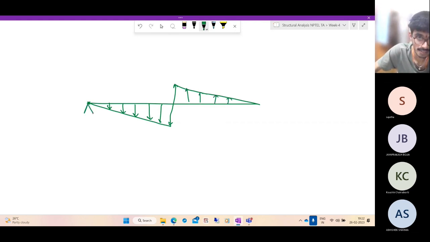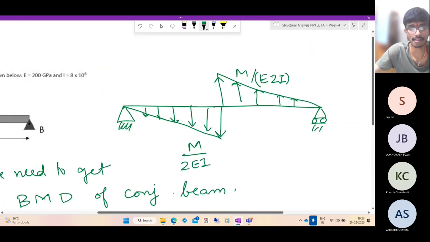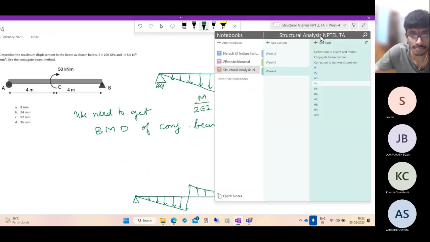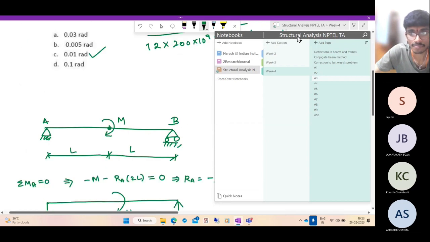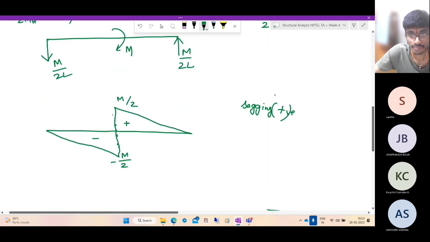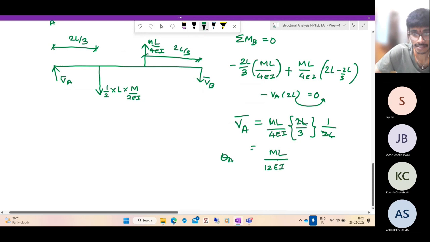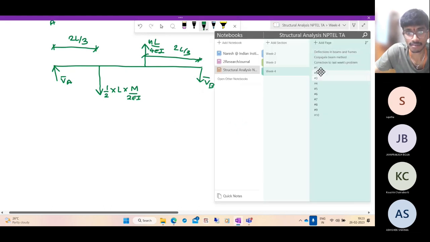And here we got it as ML by 12EI, which is positive.